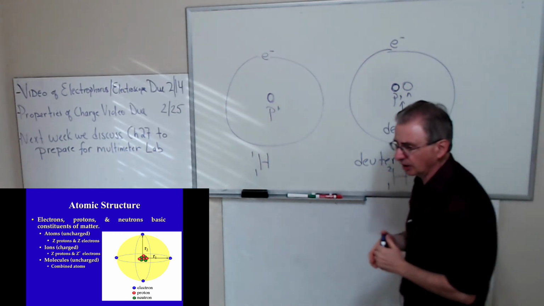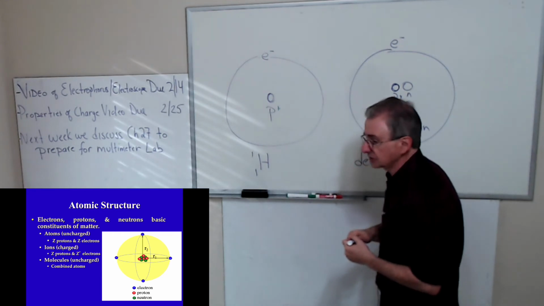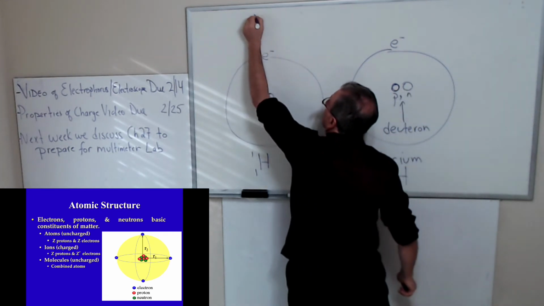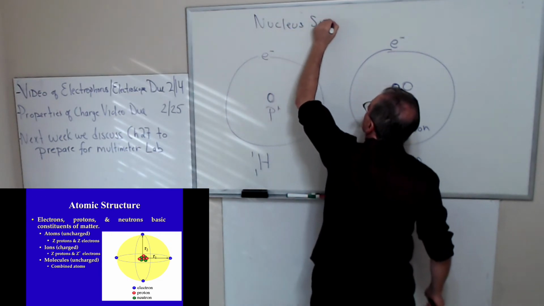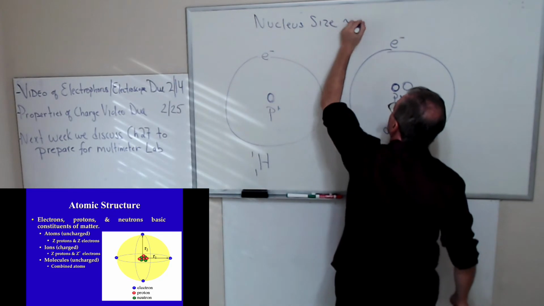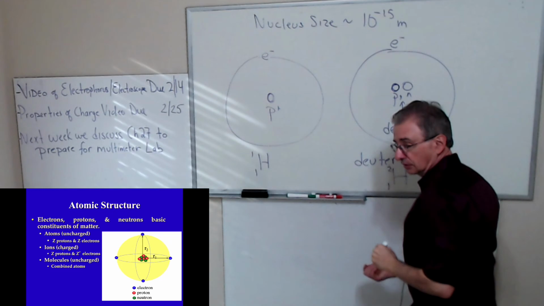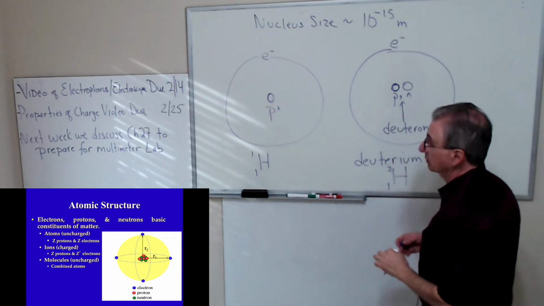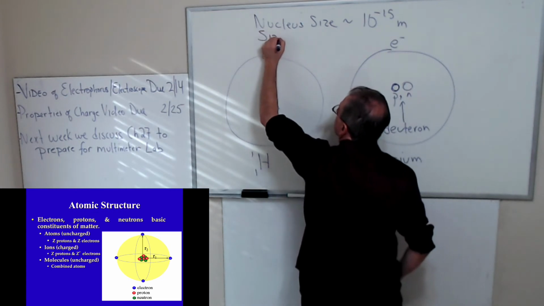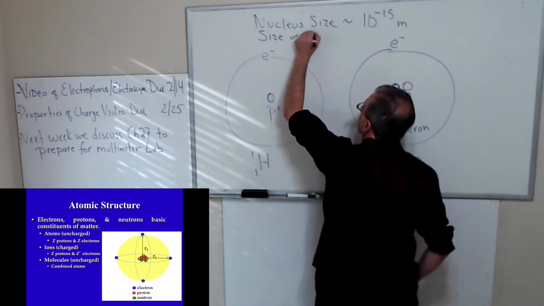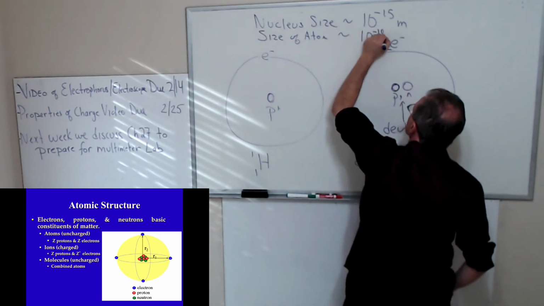Now, just to give you an idea of the size of this thing, the nuclear size is of the order of 10 to the minus 15 meters. Okay. The size of the atom is of the order of 10 to the minus 10 meters.